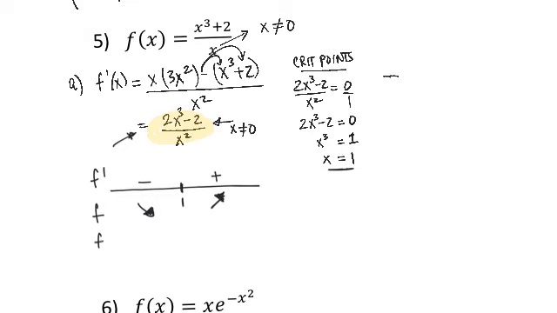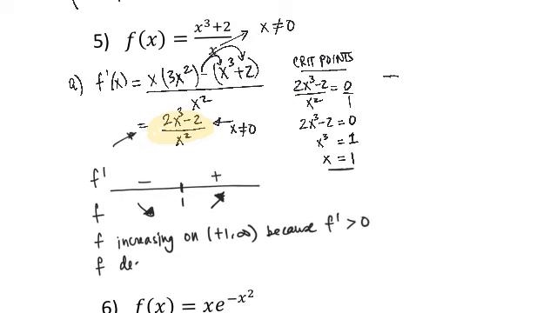So I will say it properly as f is increasing on 1 to infinity, because f prime is positive on that stretch, and f is decreasing on negative infinity to 1 because f prime there is negative.